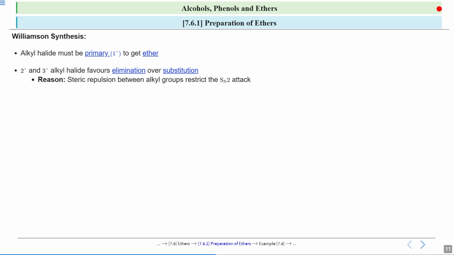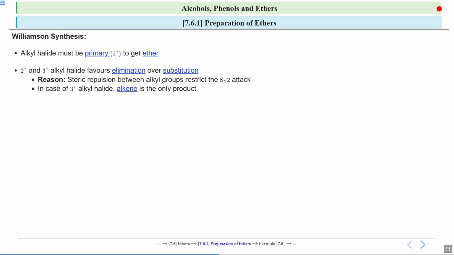When the oxygen of your sodium alkoxide attacks a 3-degree alkyl halide, it will be difficult to attack because of steric repulsion, because that carbon is a tertiary carbon. It will have 3 CH3 groups. That is why in that case elimination is preferred over substitution.